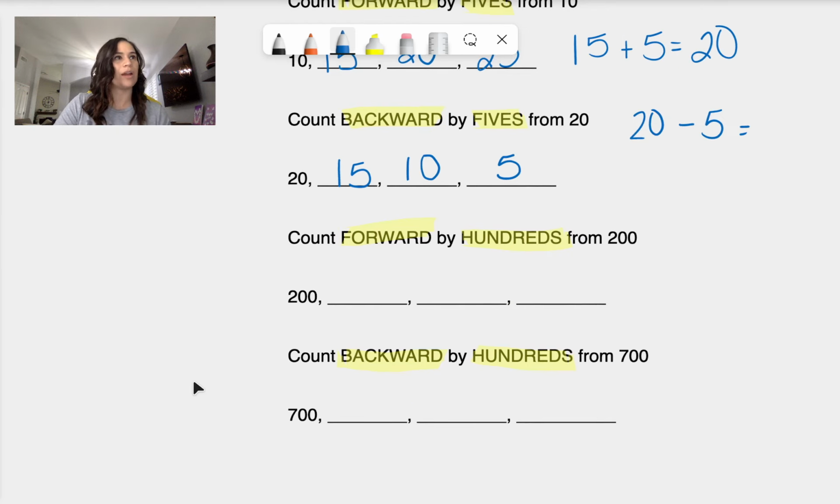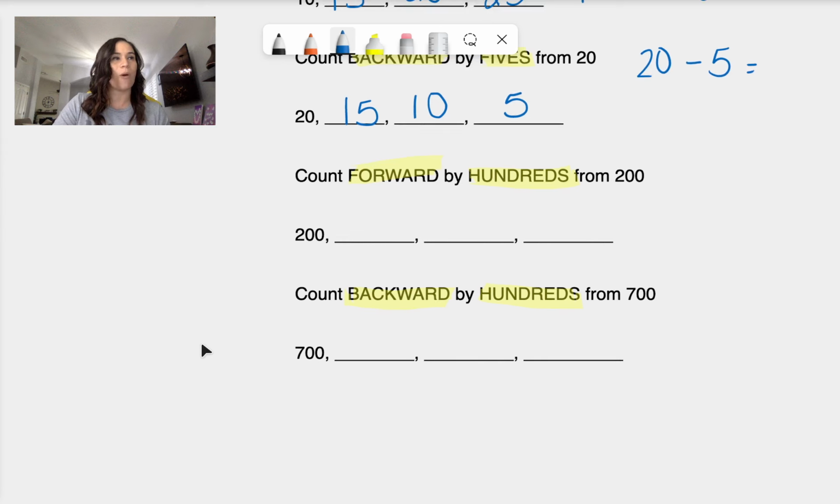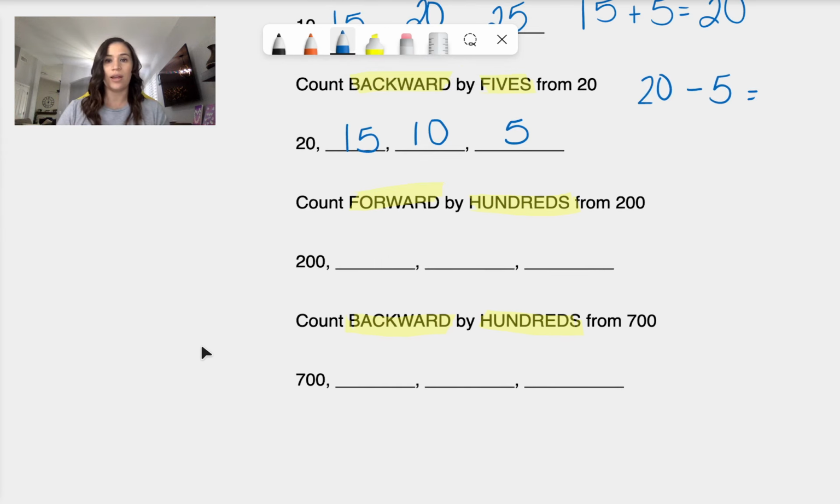So we want to do our hundreds. So we want to count forward, count up by hundreds from 200. So we have 200 plus 100 more gives us what? So our ones place is a 0. Our tens place is a 0.